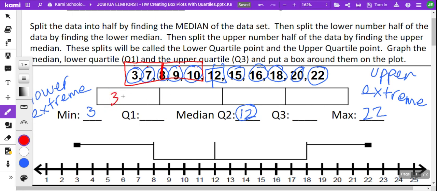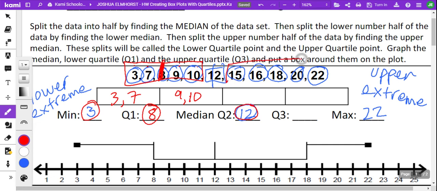So we got 3 and 7 in the first quarter of data, and then 9 and 10 in the second quarter of data. But this split right here, we're going to call that the first quarter point or the first quarter split. So that's going to be 8. So we have 3, 8, 12, our first 3 points for the left side of the data.